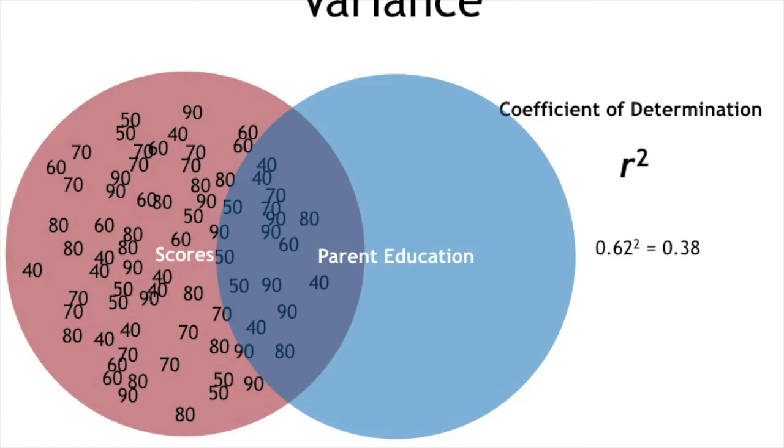It also means that 62% of the variance in that pink circle is accounted for by all the other measures.